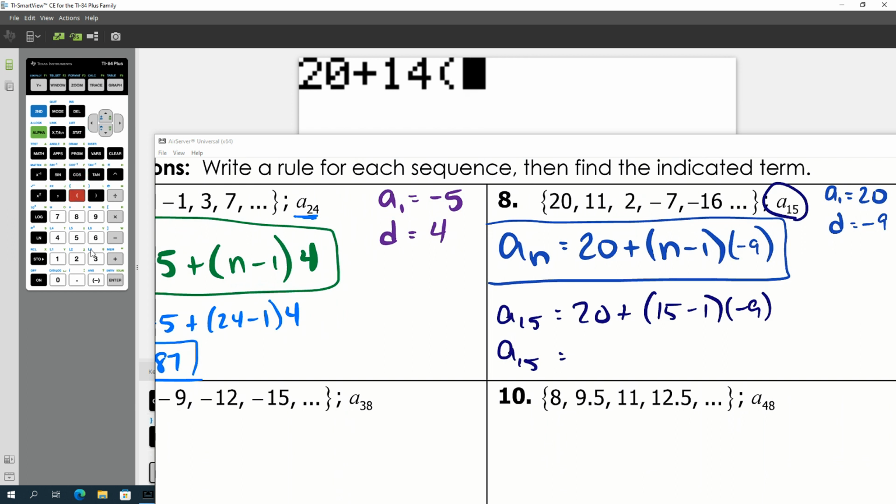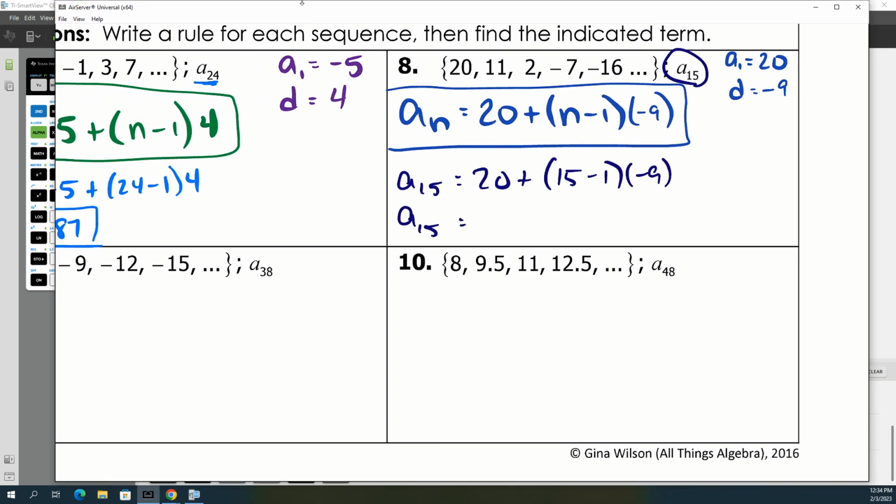It's completely up to you. So the 15th term should be negative 106. All right. What questions do you guys have so far?